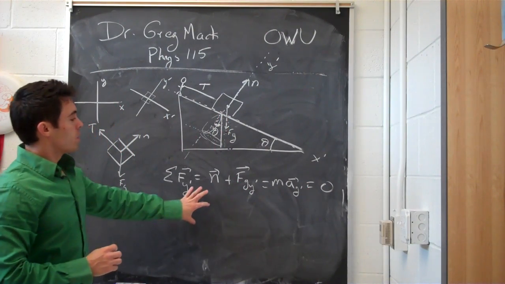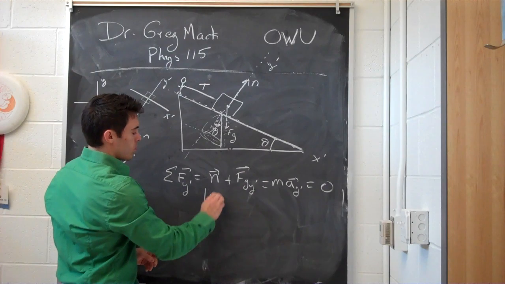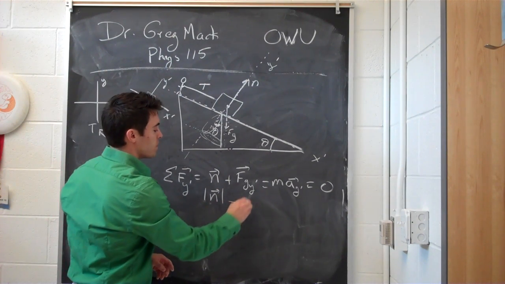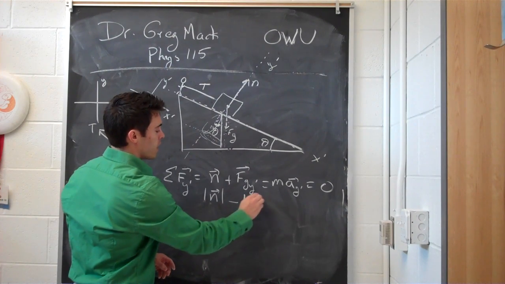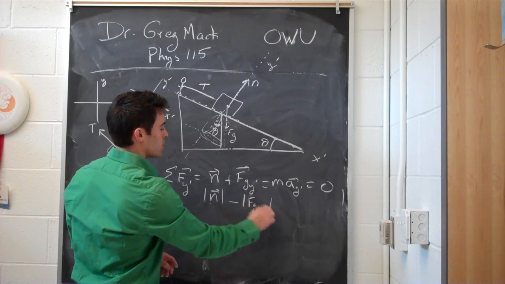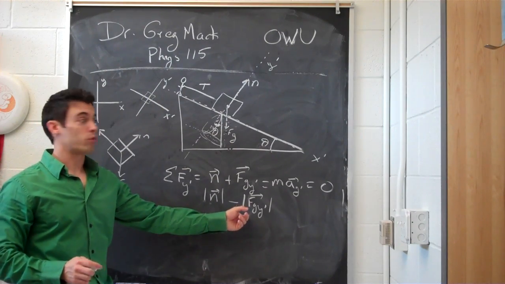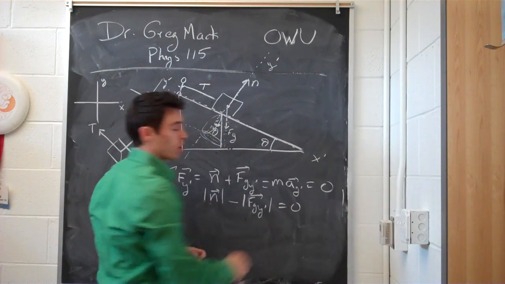Okay? So plugging in the directions now, n is pointed up, like I said, so that's positive. This is minus, so it's going to be negative the y component of the gravitational force equals 0.